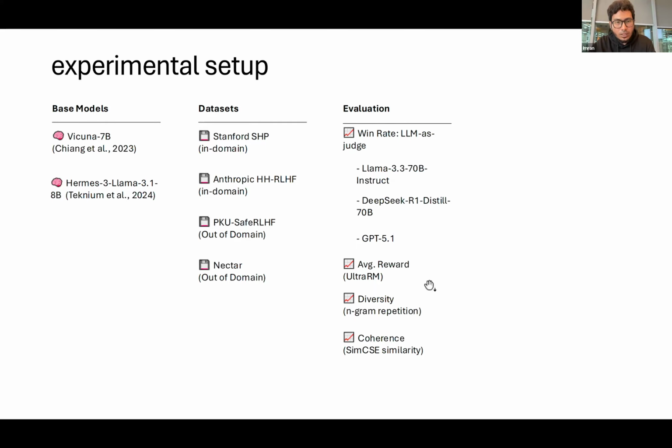So the output from the LLM should reflect a better reward score from the model. And we also calculate diversity and coherence, which measure the fluency of the generated content, to make sure that the generation does not lose its context.